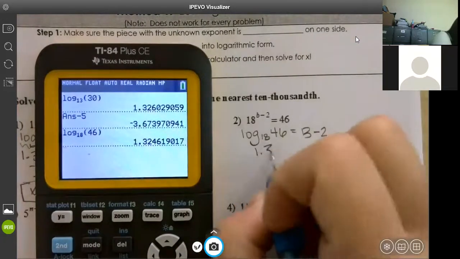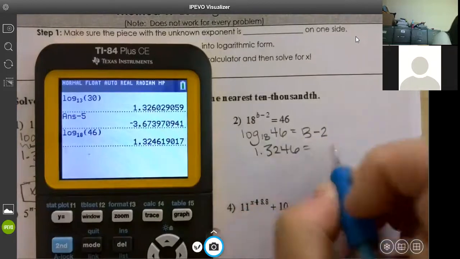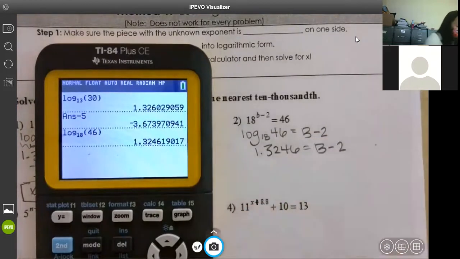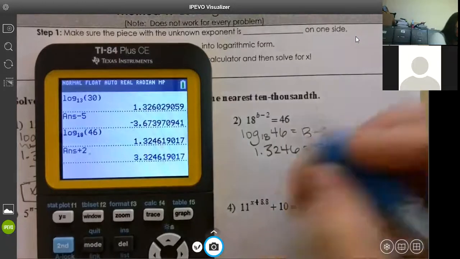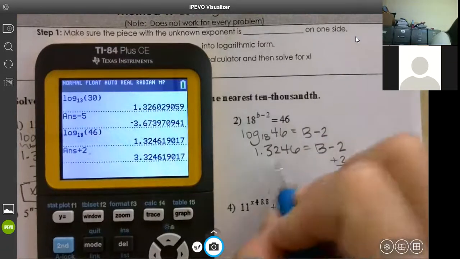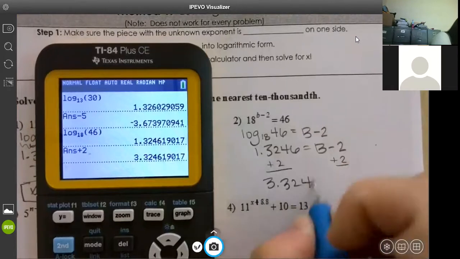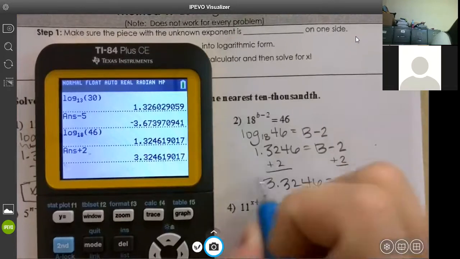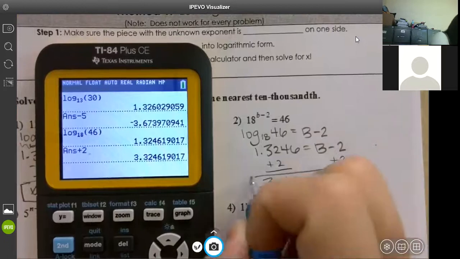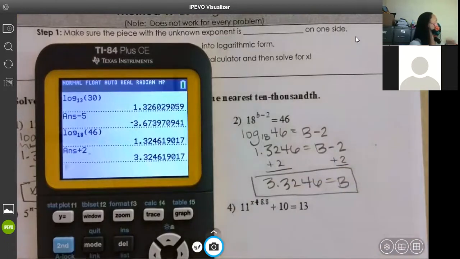Gives me 1.3246. And then how do I solve? Add 2. You probably didn't need to do that in your calculator, but I did it anyway. I get 3.3246 equals b. Remember, we don't have to check these because exponentials are all good, okay? Logs are the ones that can cause extraneous solutions, so you don't have to check these.